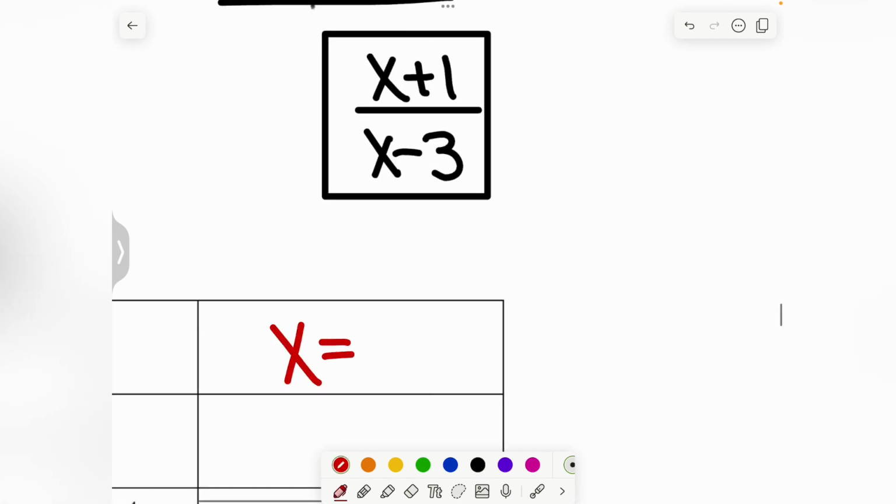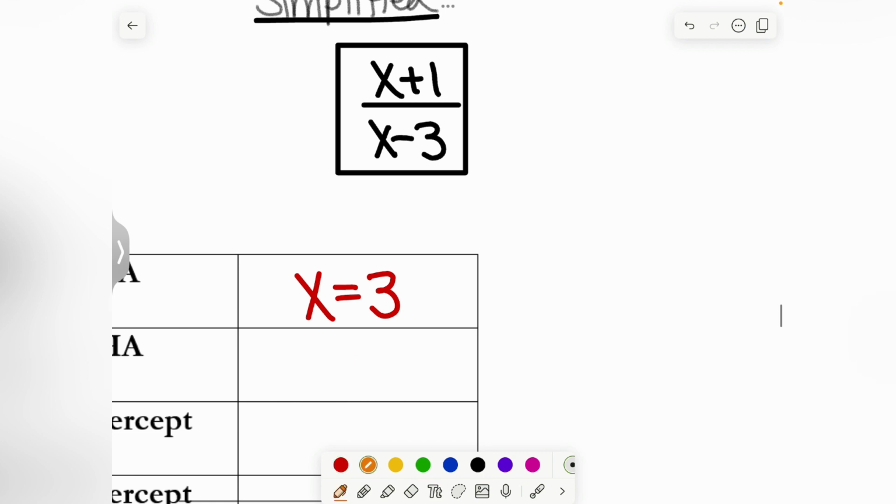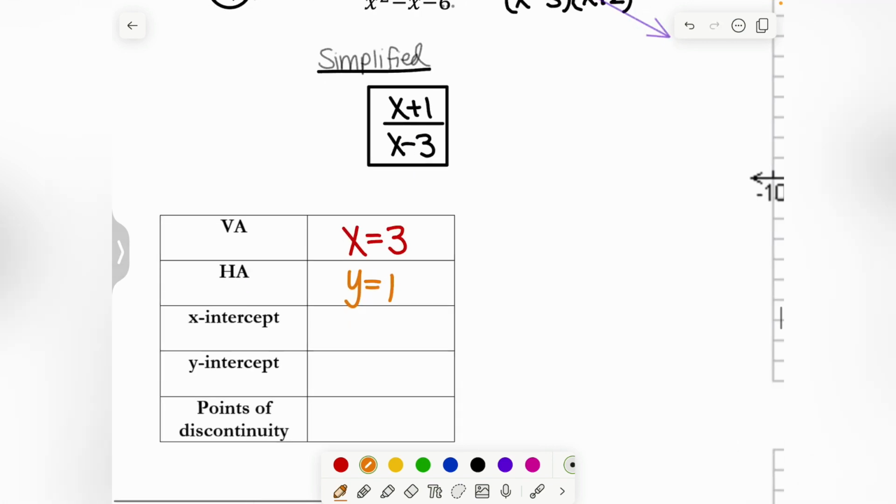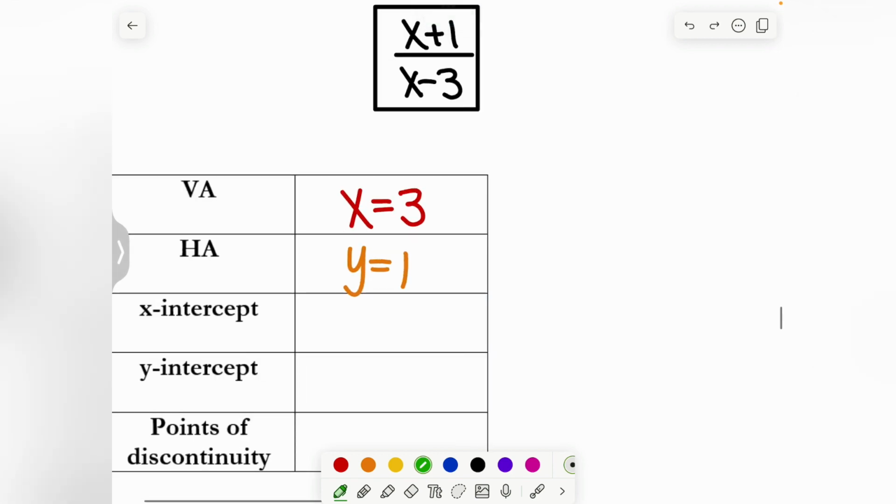I'm going quickly through this. Bottom equals 0. Horizontal, the degrees are the same, so the coefficients are 1 over 1, which is 1. X-intercept, top equals 0, so -1. Y-intercept, compare the constants, so -1/3.